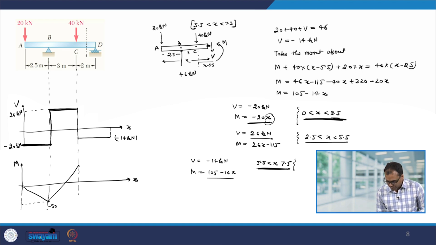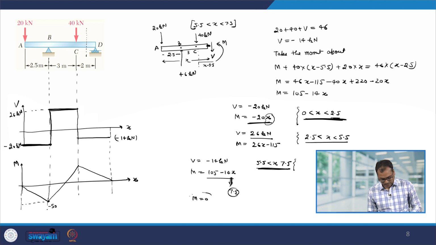So, it is going to decrease because of minus x factor. Okay. Let us see here at x equal to 7.5. So, let us say x is equal to 7.5, you can see that m comes out to be 0. So, therefore, it has to pass through this.